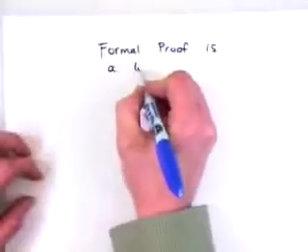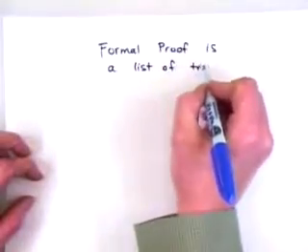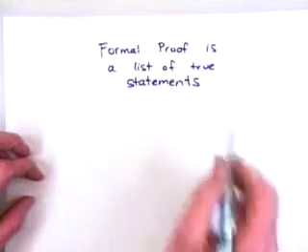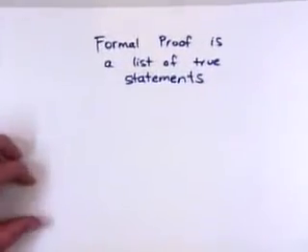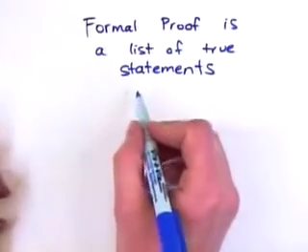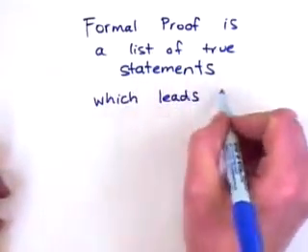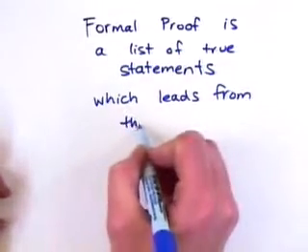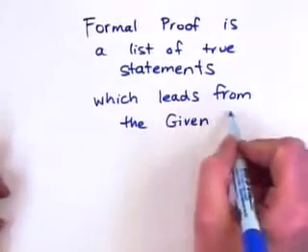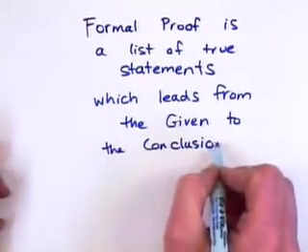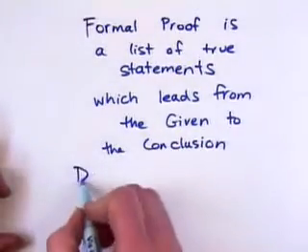A formal proof is a list of true statements which leads from the given to the conclusion. So I've just shown you a direct proof.